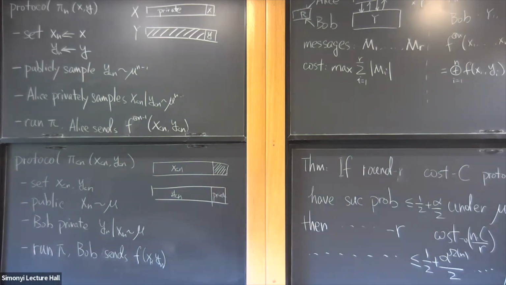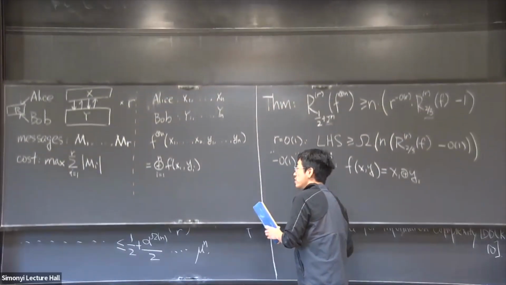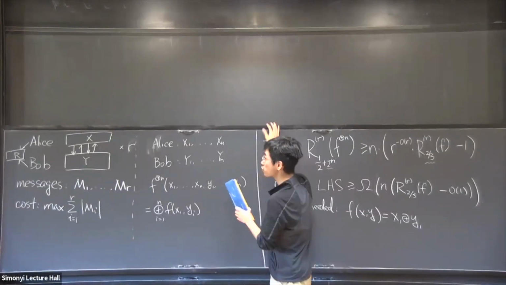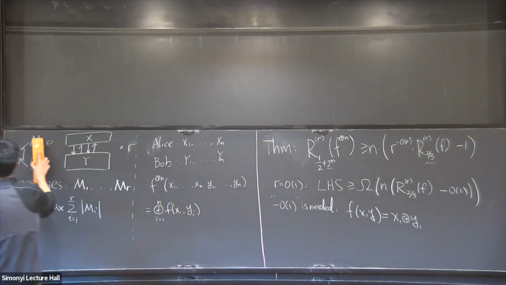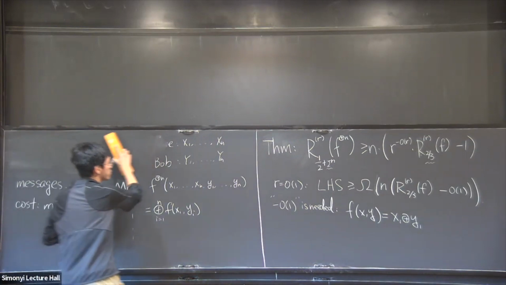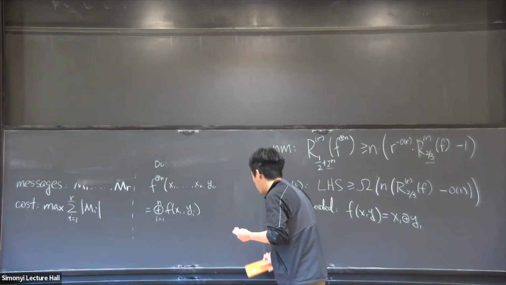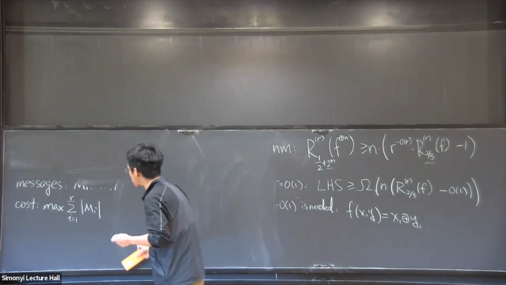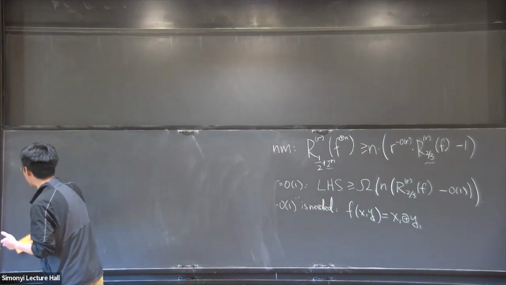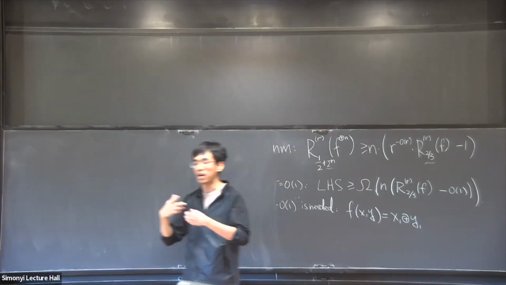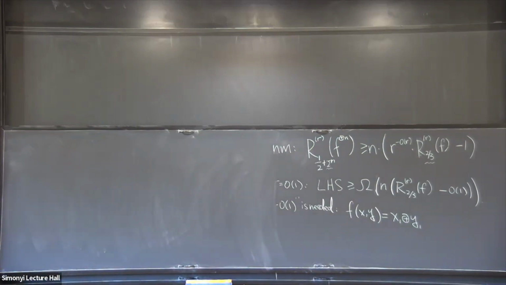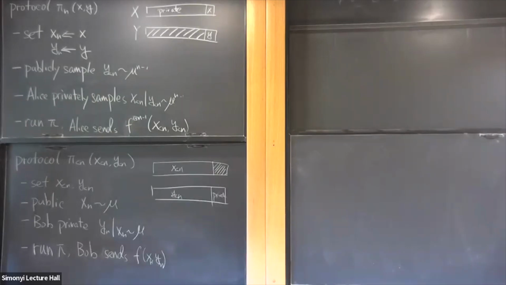All right. One thing that is useful to keep in mind is that so far we have three protocols: pi, pi n, and pi smaller than n. It's useful to view all three protocols as the same distribution. They have the same underlying distribution, except we just view different random variables as different components of the protocol. In both of these two protocols, they still generate a big input vector x and y, and then the input vector together with the communication history has the same distribution as pi.